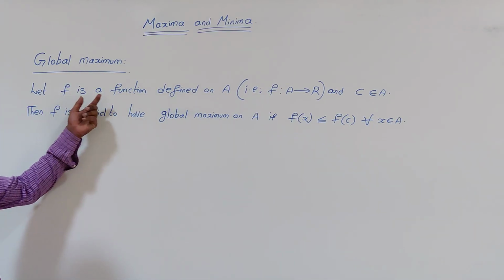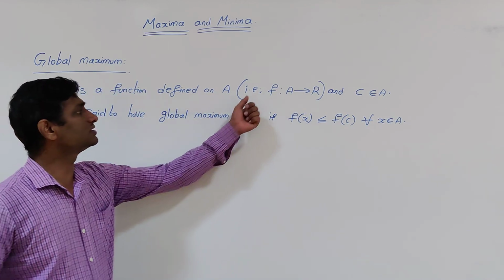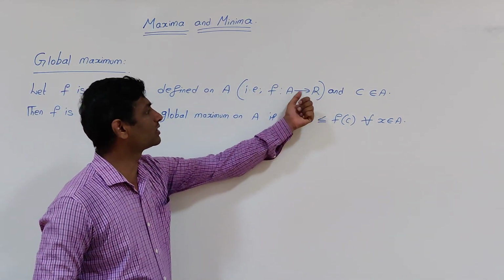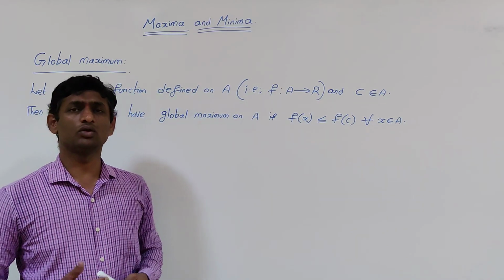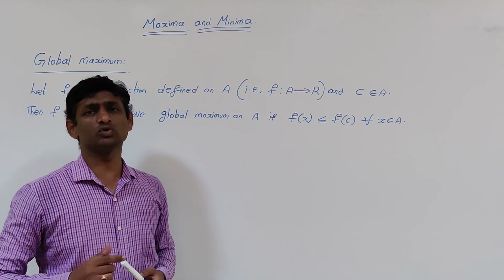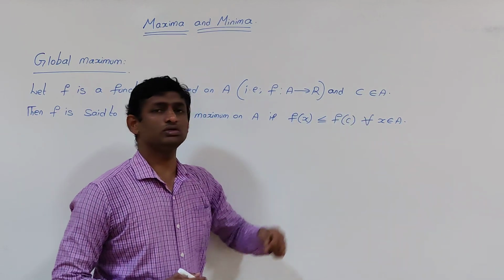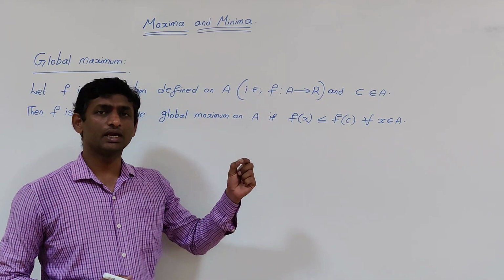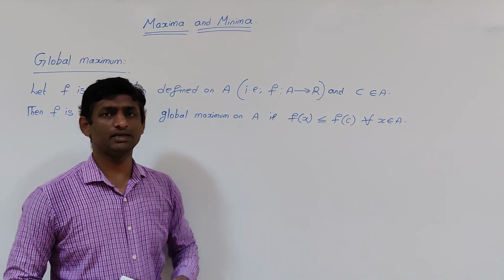Let f be a function defined on the domain A, that is, f is a function from A to R, where A is the domain. It may be an open interval (a, b), a closed interval [a, b], or half-open (a, b] or [a, b). And let c belong to A, that is, one member of the domain.